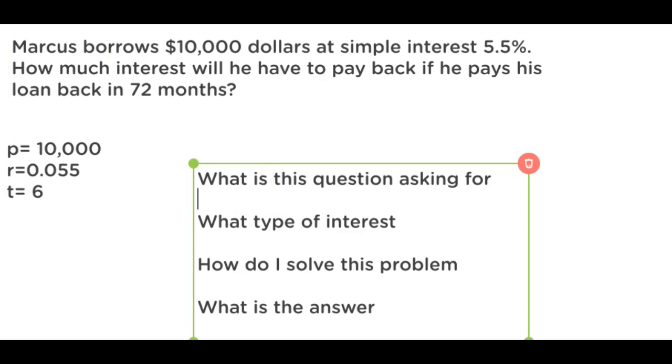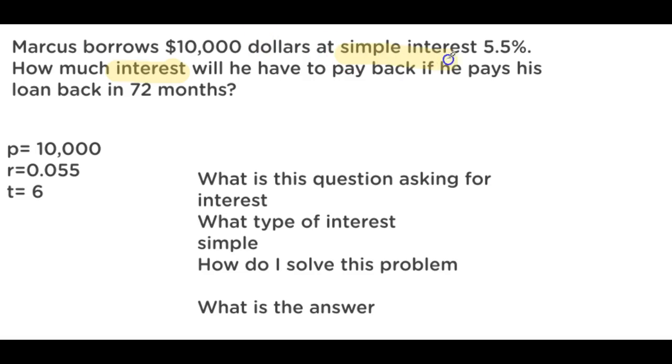So what is this question asking for? You see that the question is asking how much interest. So I'm going to say, what is it asking for? Well, it's asking for interest. What kind of interest? Simple. How do I know? Because it says it right here: simple interest. What do you have to do to solve this problem?